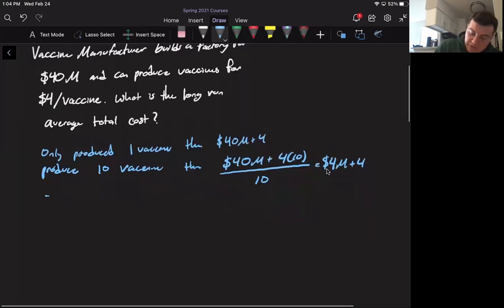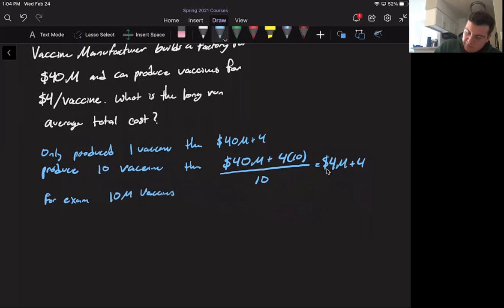So for one more example, if we produce 10 million vaccines, then we have 40 million for the cost of the factory, plus 4 times 10 million for the cost of producing the vaccines.